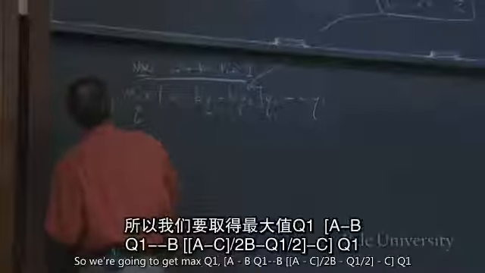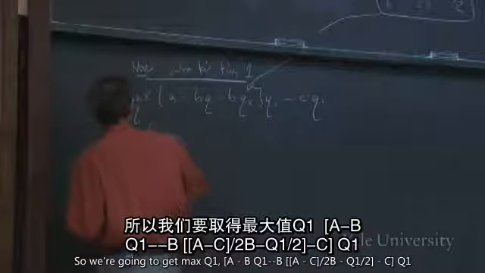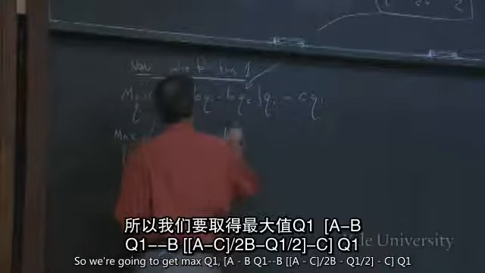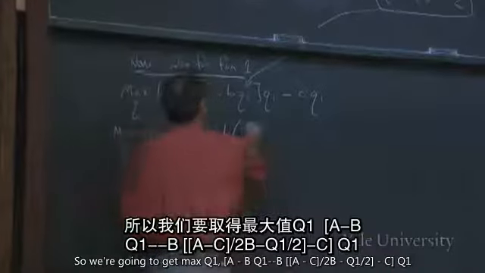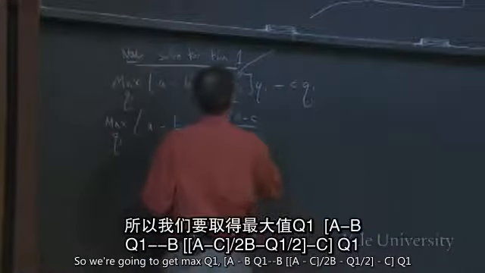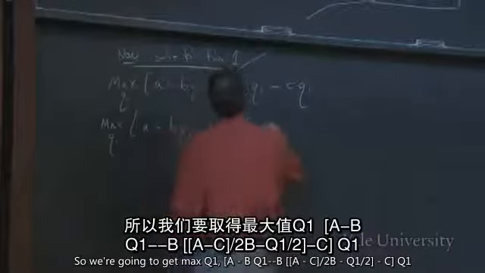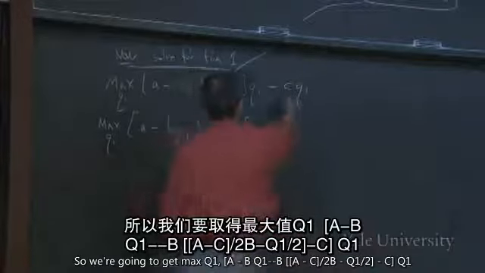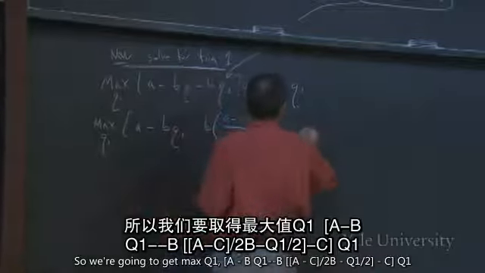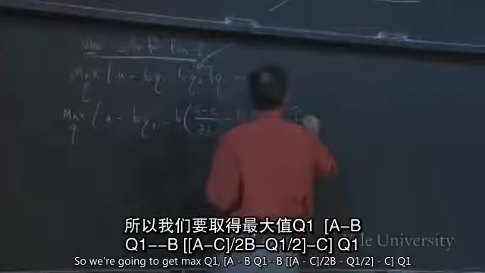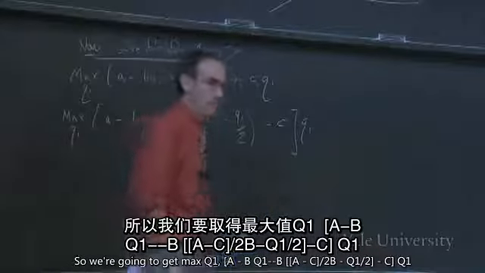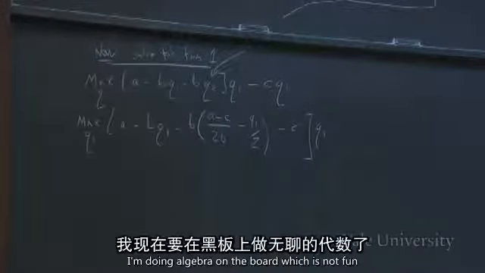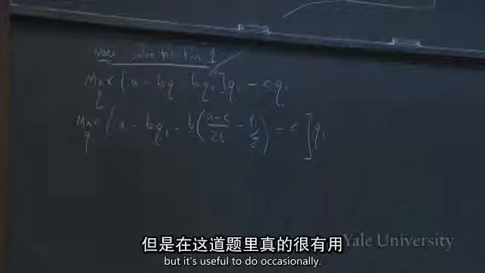So we're going to get max over Q1 of A minus B Q1 minus B, big bracket, (A minus C) over 2B minus Q1 over 2. Why don't I put this C inside the bracket as well while I'm here? So minus C, close bracket, Q1. Everyone okay with that? I'm doing algebra on the board, which is not fun, but it's useful to do occasionally.